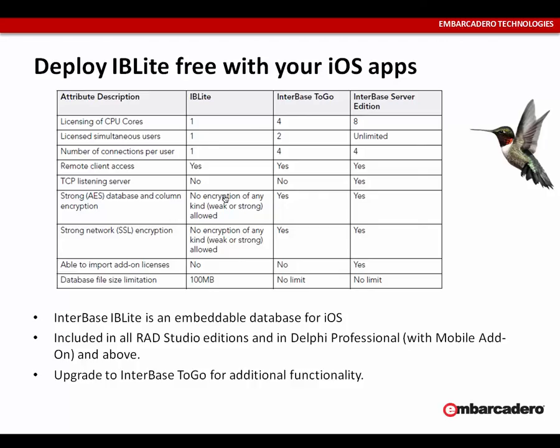If you need more space or more transactions and you need database encryption, then your other option for iOS devices is the Interbase To Go edition. But on mobile devices, 100 megabytes with one transaction is very likely to be sufficient.